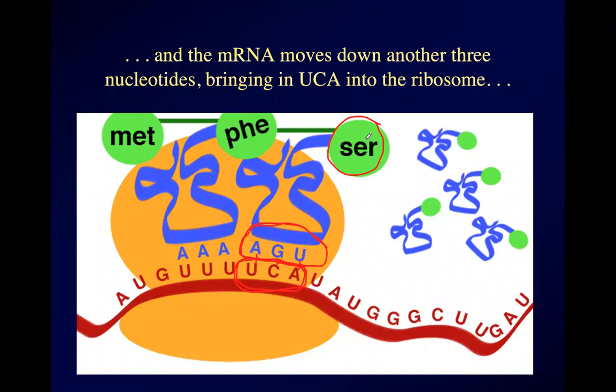So serine comes in, and serine now forms a peptide bond with the phenylalanine, which you might remember has already formed a peptide bond with the methionine. And now this transfer RNA will fall off, and we have methionine, phenylalanine, serine.